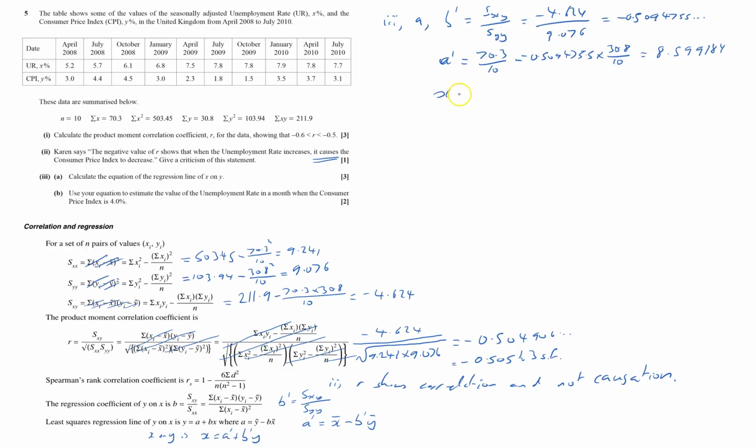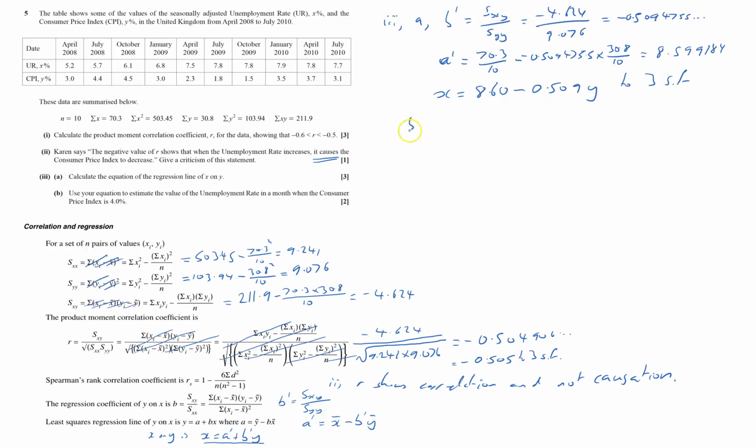And so now we get x equals 8.60 to three significant figures minus 0.509y to three significant figures, because that's the formula I'm trying to get. x equals a dash plus b dash times y.